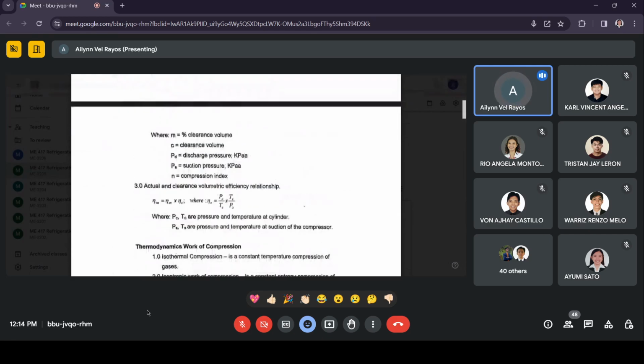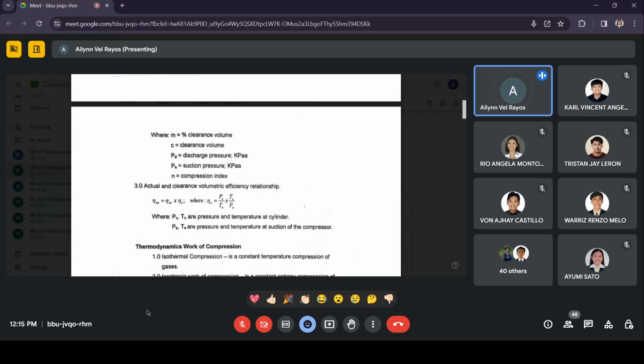This is the relationship between actual and clearance volumetric efficiency. The actual volumetric efficiency is equivalent to the clearance volumetric efficiency multiplied by efficiency sub S. Where does this efficiency come from? Efficiency sub S is equal to PC over TC multiplied by TS over PS.